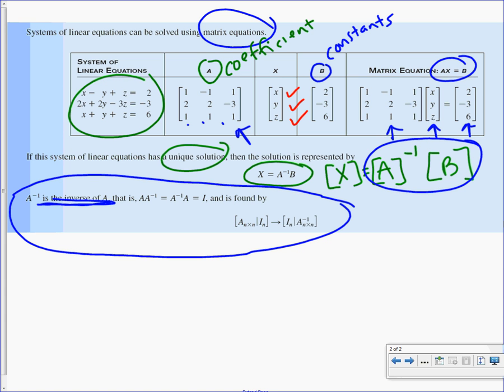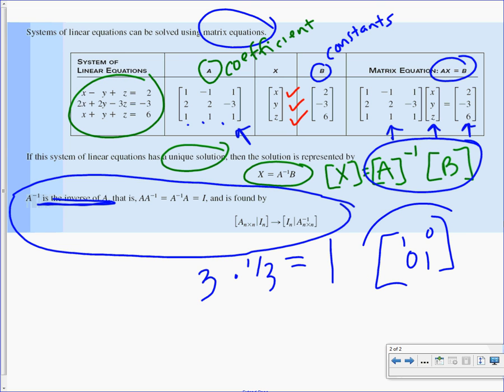An inverse just means that when you multiply them together, you get back to 1. If you think about the number 3, the inverse of the number 3 is 1/3, because 3 times 1/3 is 1. What does 1 look like in a matrix? It's the identity. It's your RREF. So A and A inverse are two matrices that when we multiply them, get us back to what's called the identity matrix, and it's represented by a capital I.